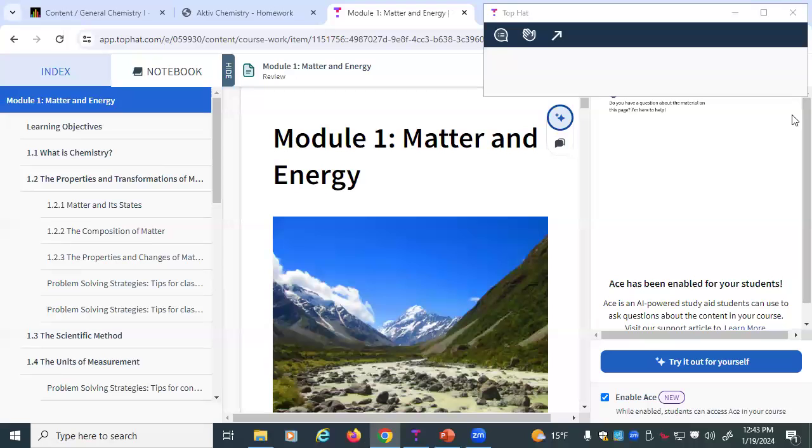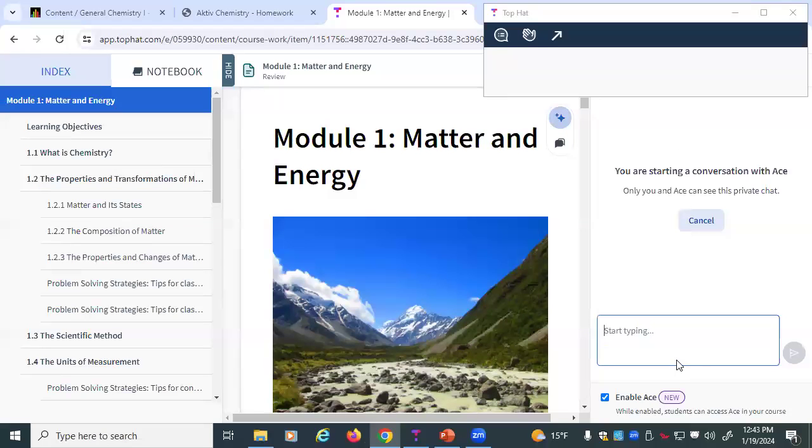The other thing that we can do, and I'm just gonna go ahead and do that, is we recently got access to Top Hat Ace. Top Hat Ace is Top Hat's AI platform, and we can do simple questions like that. What's the conversion between miles and kilometers?